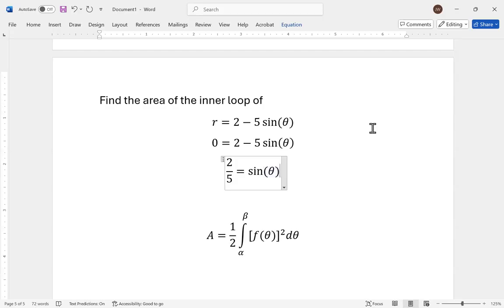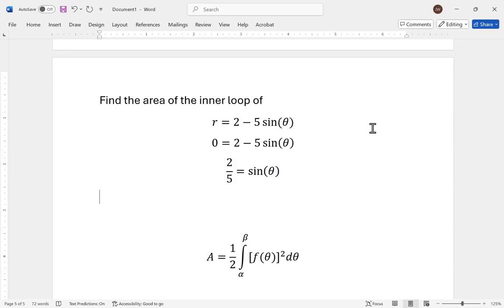We're going to get two versions for theta. If I force theta to be between 0 and 2 pi, I get two versions of that. One where I just take an inverse sine of 2/5. That's where I get the about 0.41 number.